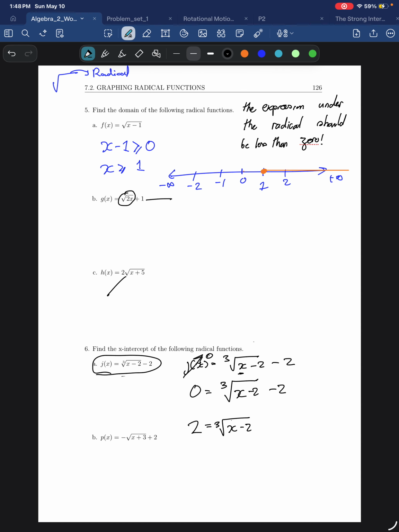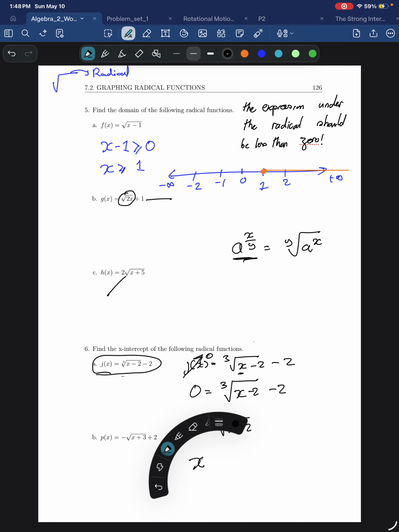So now what do I do from here? Remember this rule I gave you guys? The root can be rewritten as an exponent. I can rewrite this cube root as an exponent here, and you'll see why shortly.